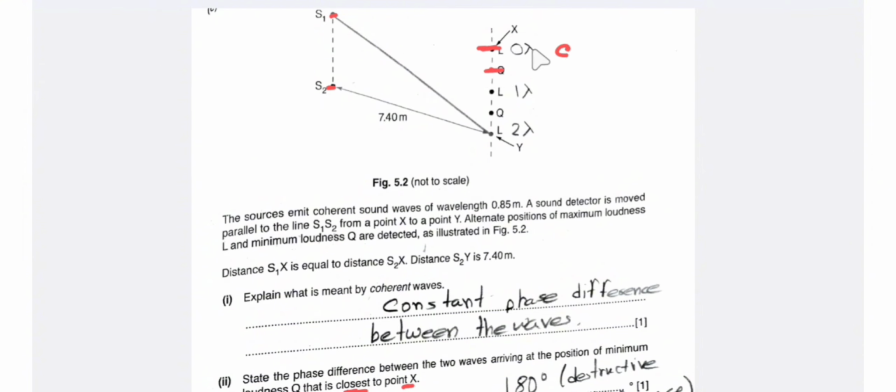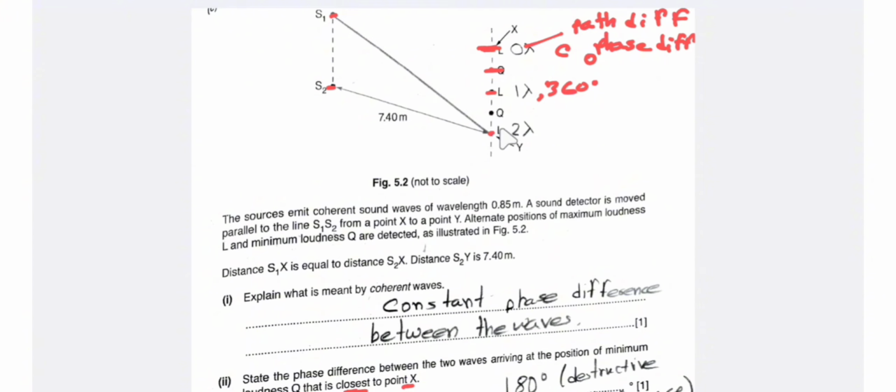Initially at the central maximum amplitude, the path difference is 0 lambda and the phase difference is 0. For the next maximum, the next loud sound, the path difference is 1 lambda and the phase difference is 360 degrees.